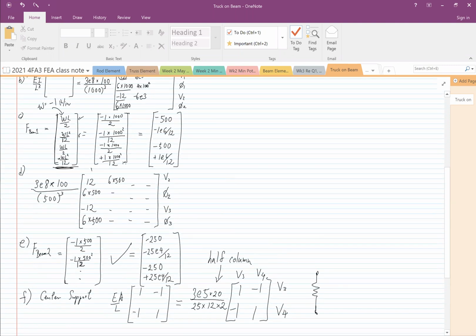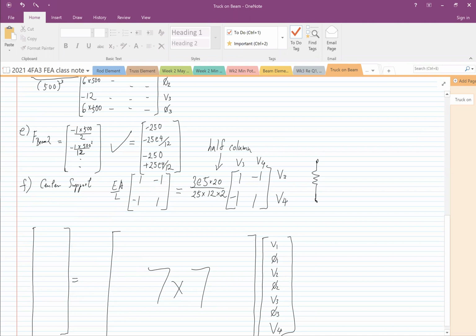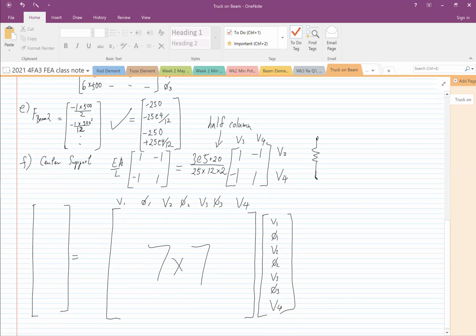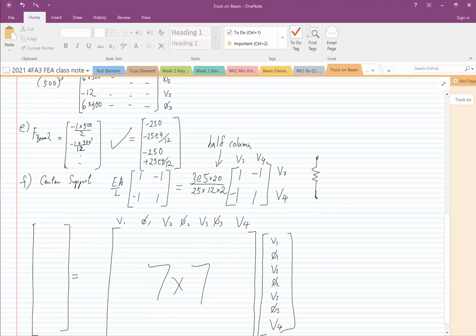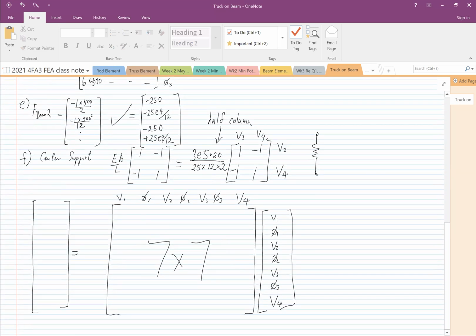And then we have v2 phi 2 v3 phi 3, and right here we have v1 phi 1 v2 phi 2, and then v4. You just take them from the old address and move them to the new one, 7 by 7. Just put them in the pot. It should be very simple.